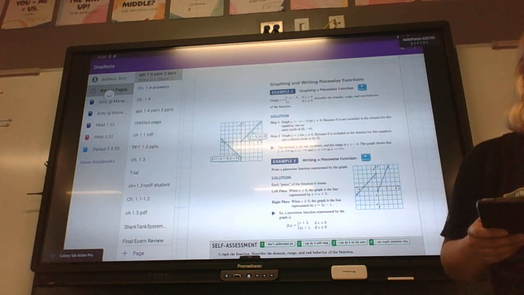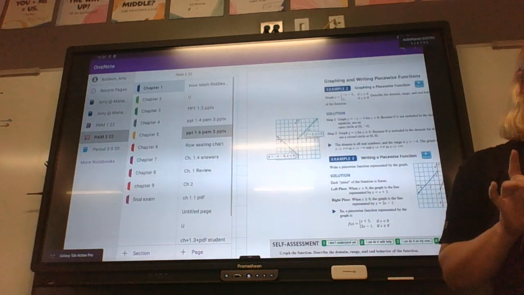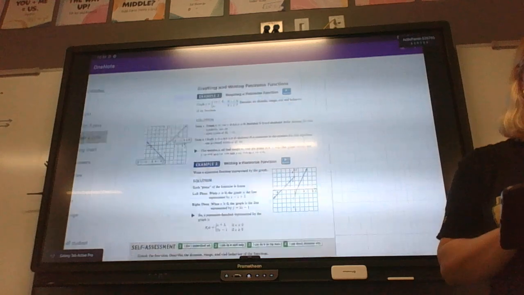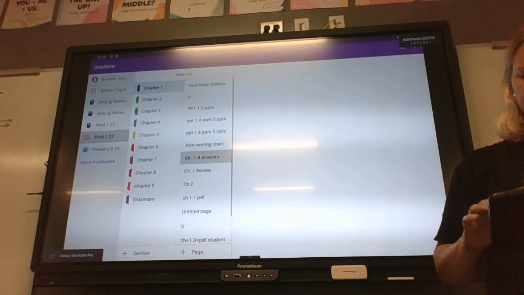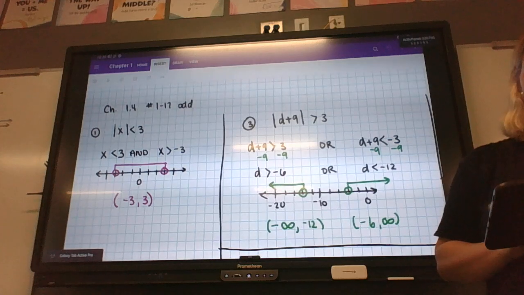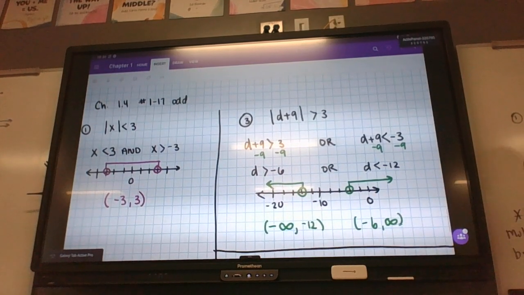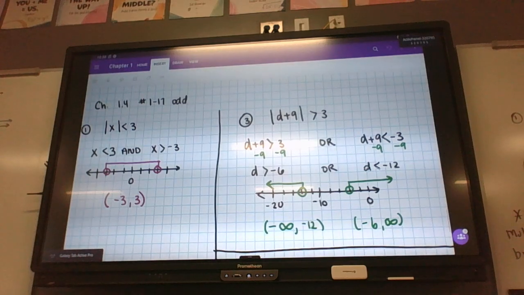Who knows? Página. La página? Isn't it el página? Even though it's feminine? La página? 59.